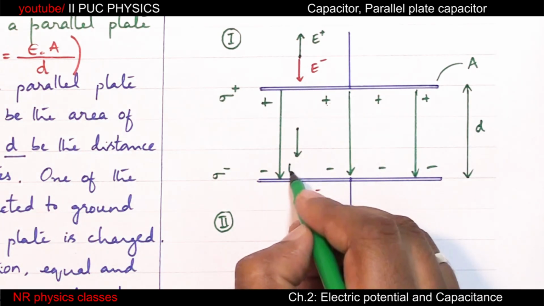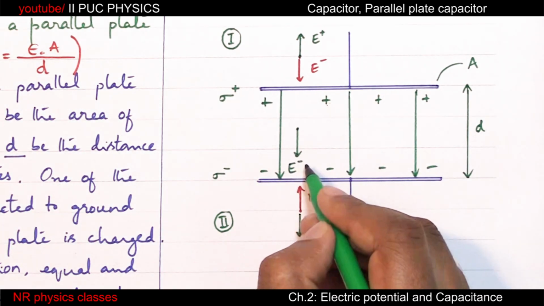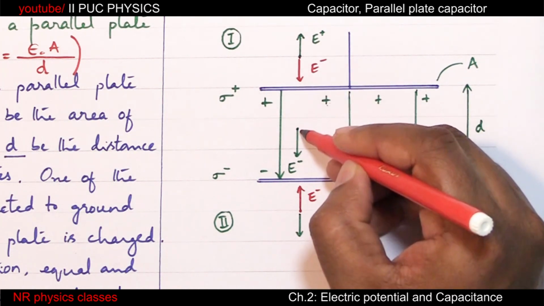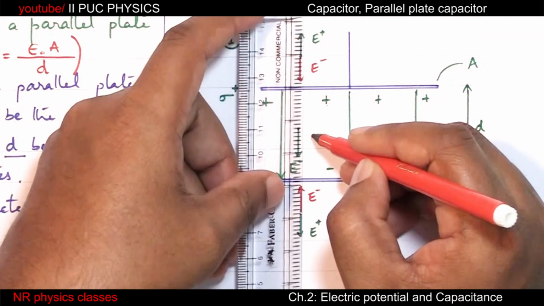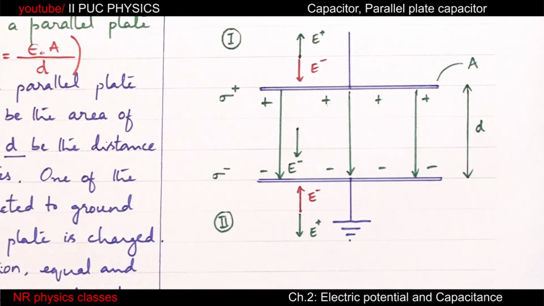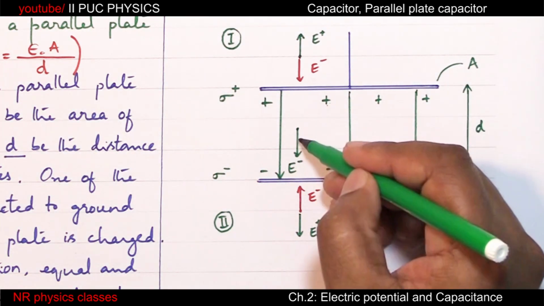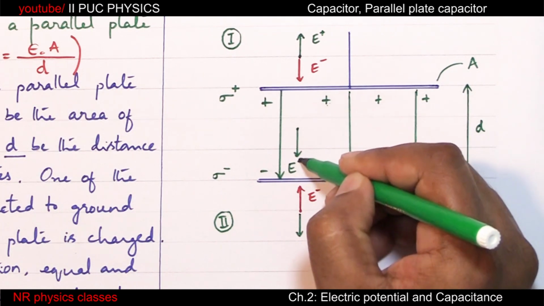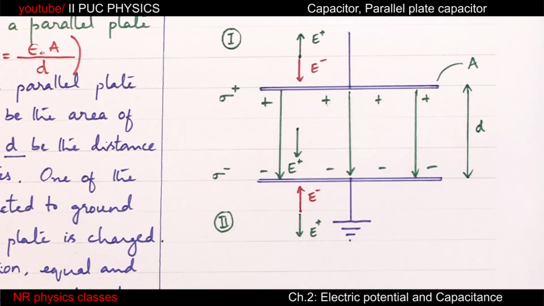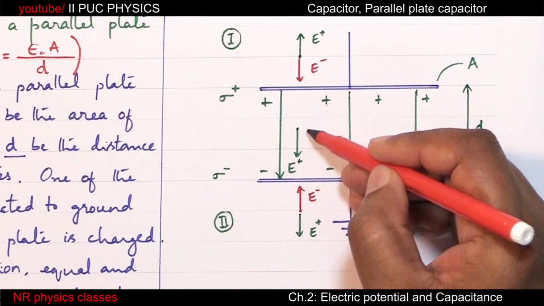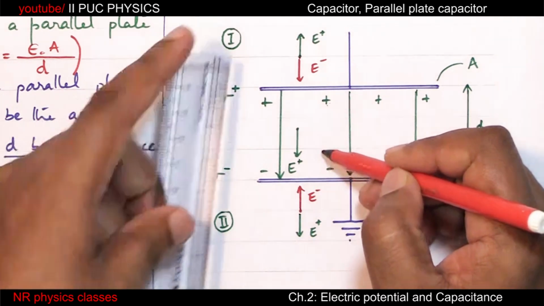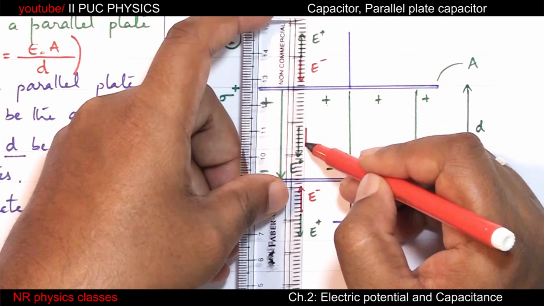So this is the electric field due to negative charge. At that point, due to negative charge, this is the electric field at this point due to positive charge. At this point, due to negative charge, the electric field is towards.